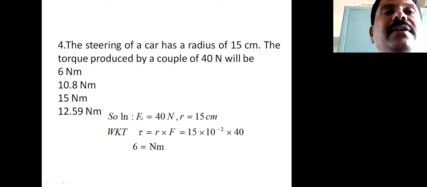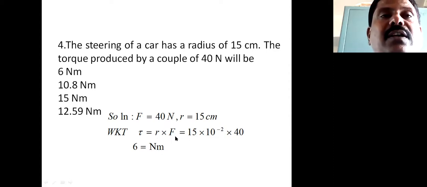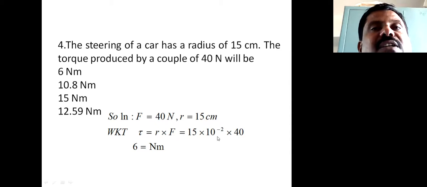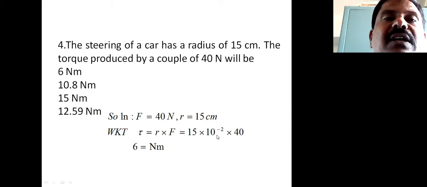So here F equals 10 Newton and small r equals 15 centimeter, and the torque tau is the moment of force, which is the product of r into F. So r is 50 centimeter, which you have to write in meters, into 10 to the power minus 2, and F is 40. Multiply these two terms, and tau equals how much?